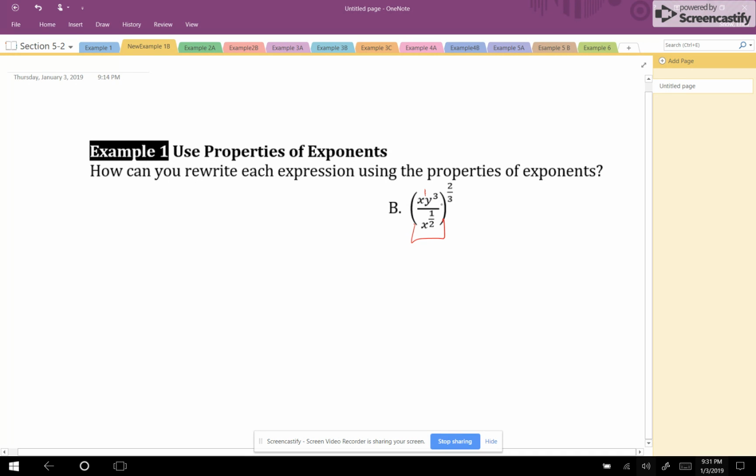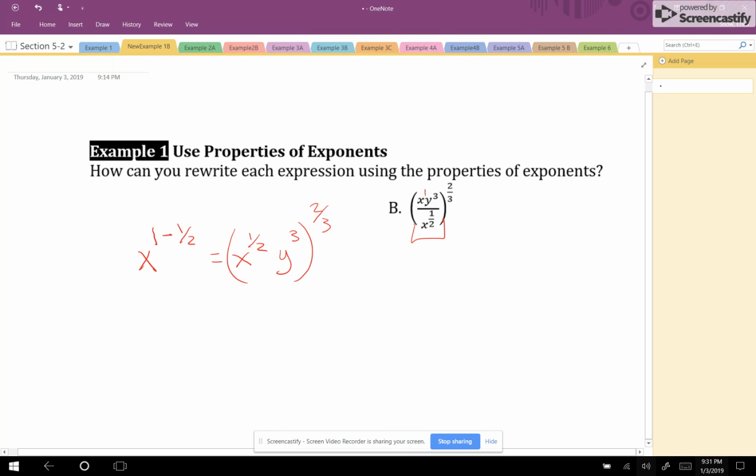Now, if there's nothing written there, I've written in a little 1. So we're going to have x to the 1 minus 1/2, which gives us x to the 1/2. And then there's no y in the denominator, so that y cubed just stays where it is. And then we have our 2/3 on the outside.